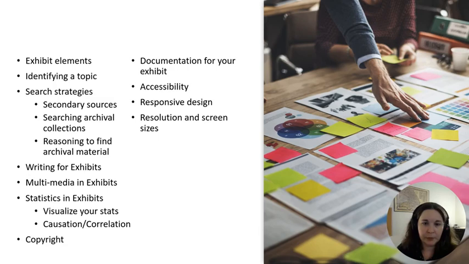We'll look at some multimedia options that you can use, how to use statistics in your exhibits and where to find statistics, copyright, ideas for documenting your project, and some of the accessibility barriers that users can encounter on the web and how to design inclusively. And we'll also talk a little bit about responsive web design and resolution and screen sizes.